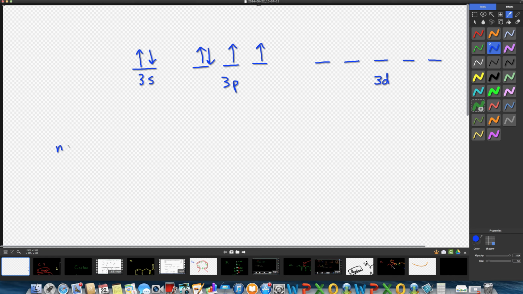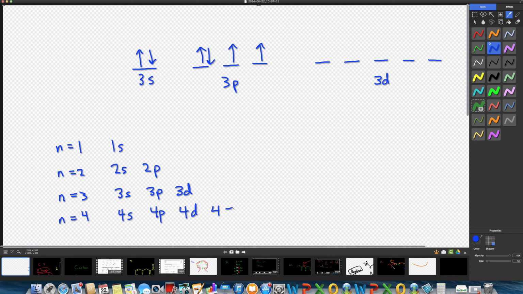In other words, when n equals 1, there's only a 1s orbital. When n equals 2, we can have a 2s orbital, and we can also have a 2p orbital. When n equals 3, we can have a 3s orbital, a 3p orbital, or a 3d orbital. By now you should clearly see the pattern. In n equals 4, there's a 4s, there's a 4p, there's a 4d, and there's also a 4f.